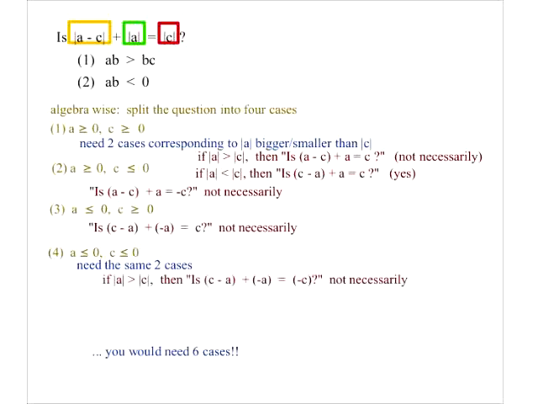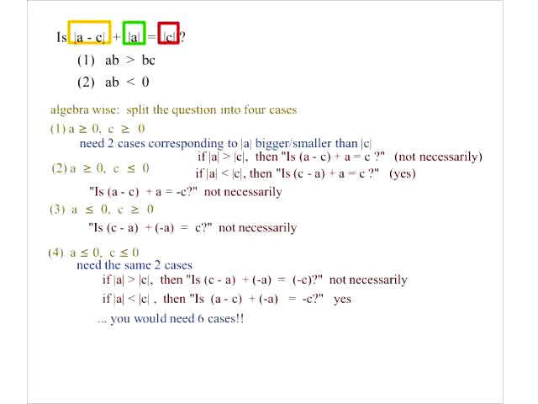And then if it's the other way around, then you get is A minus C plus negative A equals negative C. And that's a yes. So, needless to say, this is not fun. I don't really want to get into explaining why these cases are what they are.